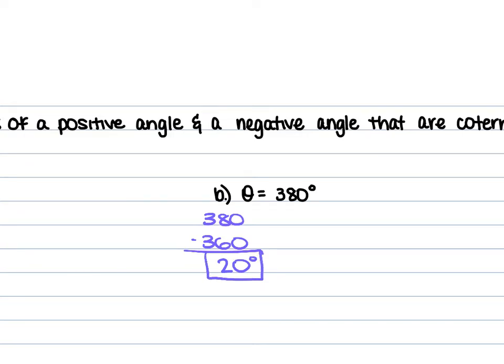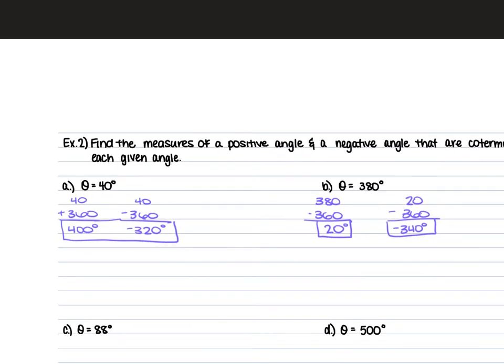Since we don't have a negative angle yet, we're going to take that 20 and subtract 360 from it. 20 minus 360 is going to give us a negative 340 degrees. So that's our negative angle that goes with this. So we're looking again for a positive and a negative angle for 380. The coterminal angles of 380 degrees are 20 degrees and negative 340 degrees.